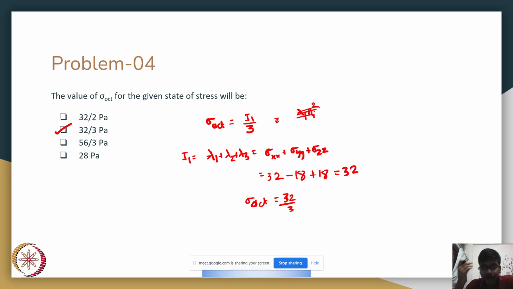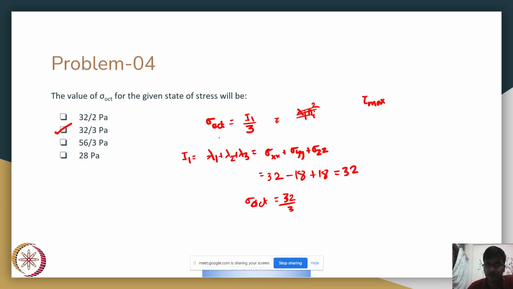So invariants in general are useful in different cases. Like you can see, the sigma octahedral, which is I1 by 3, is nothing but the hydrostatic part of your stress. So if say one of your failure theories deals with a limit to the hydrostatic part of stress, then this becomes useful. There are some failure theories which deal with the maximum shear, say tau max. In that case, your deviatoric part becomes important.